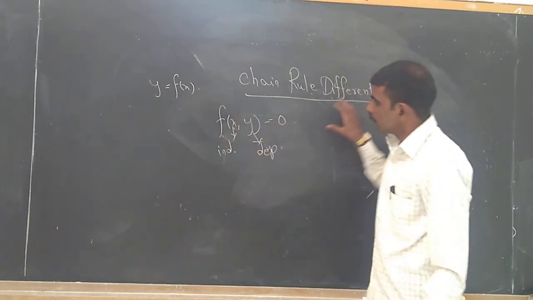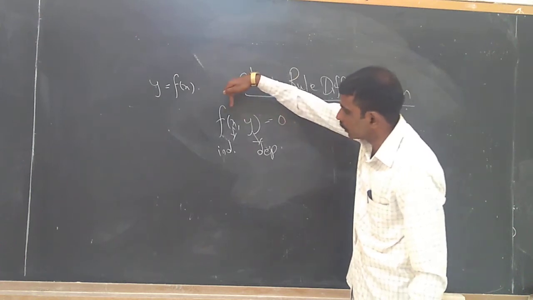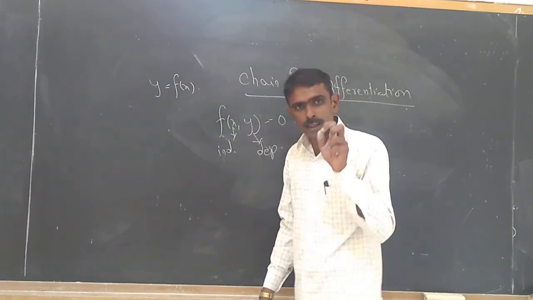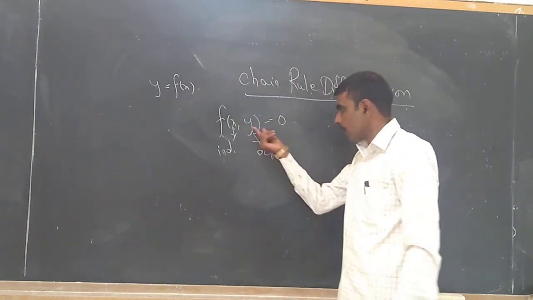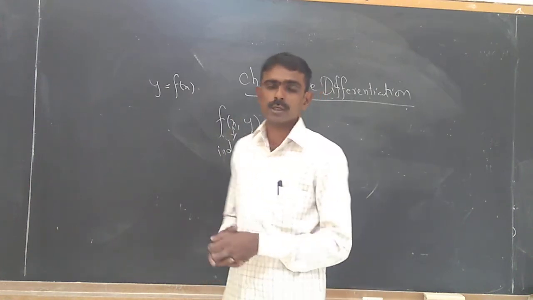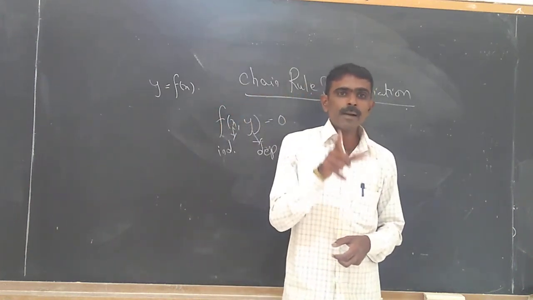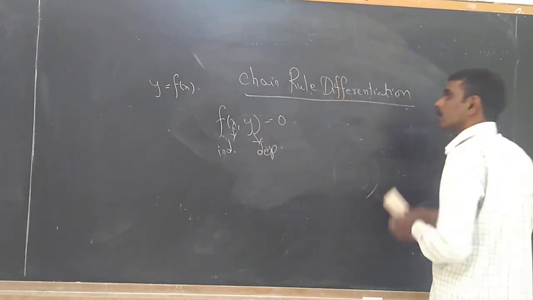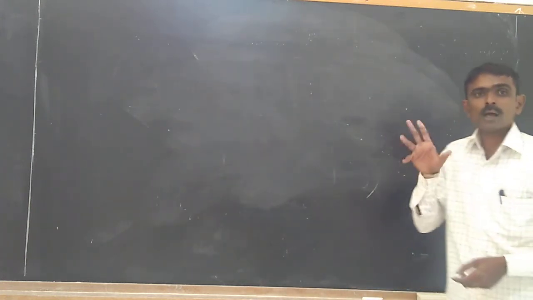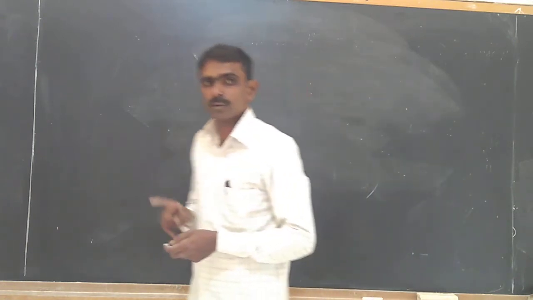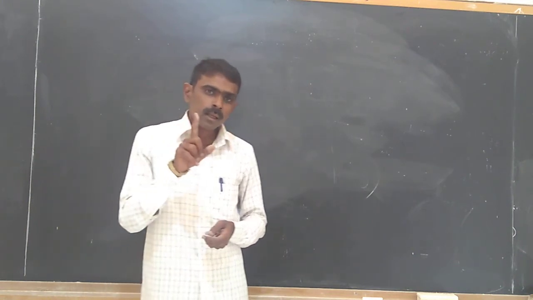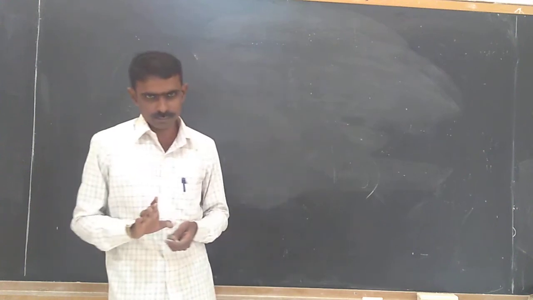Here also, in case of implicit function of the type f of (x, y) is equals to 0, x will be treated as an independent variable and y will be treated as a dependent variable, and we are going to differentiate it with respect to the independent variable x unless and until stated otherwise.